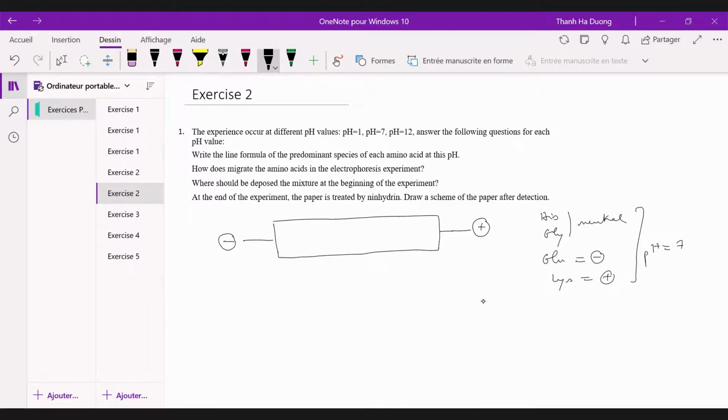So it means that glutamate will migrate to the positively charged electrode, and lysine will migrate to the negatively charged electrode, and histidine and glycine don't migrate. So we have to deposit the mixture here in the middle.